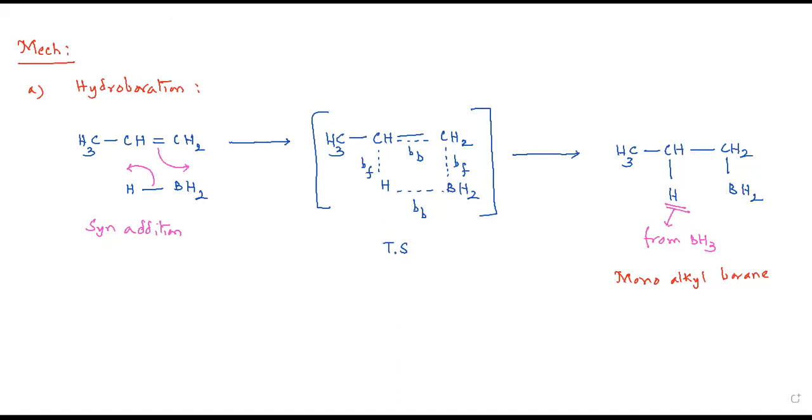Okay. Now this is how we get monoalkyl borane in the first step, but still we got two hydrogens here. Even these two can be replaced. So let us consider two more molecules of the propene. And of course, we get this.